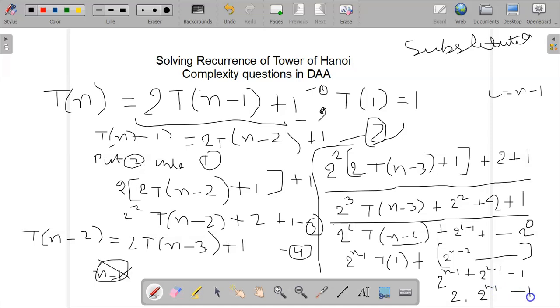Bases are the same, so powers can be added. This 2 will be absorbed here with a plus 1, and then minus 1 and plus 1 will get cancelled. So what we are left with is 2 raised to the power of n minus 1, which is the complexity of Tower of Hanoi. You can see we solved it in a previous video using the recurrence tree, and here we have solved it using the substitution method. I hope this video is useful to you. Thank you very much.